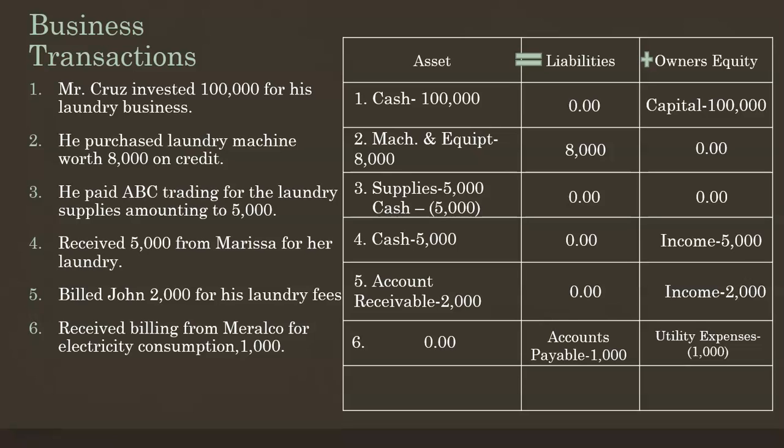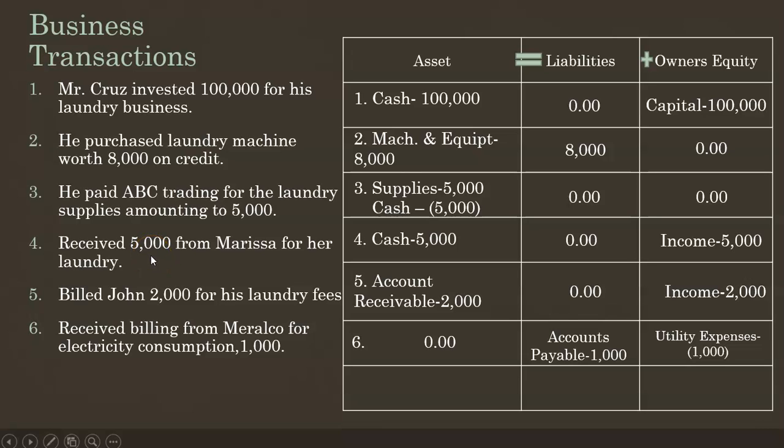Why is it negative? Because utility expense is a reduction or deduction from the owner's equity. Always, all expenses are deducted from the owner's equity. Don't forget that.